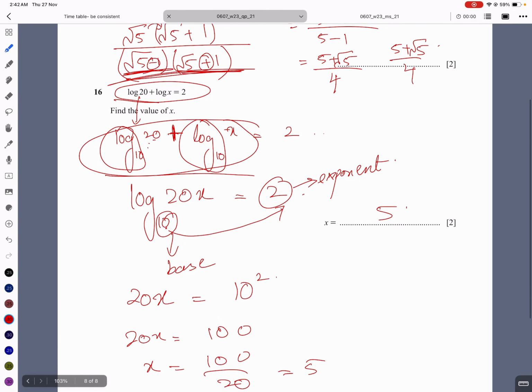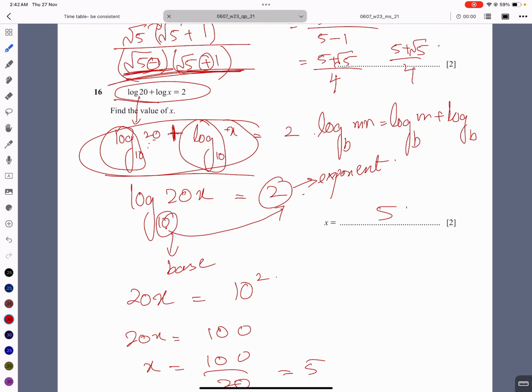I am referring to this rule over here, that log of mn is equal to log m plus log n. So over here the base was the same, and these two things that are adding, I will just multiply them.